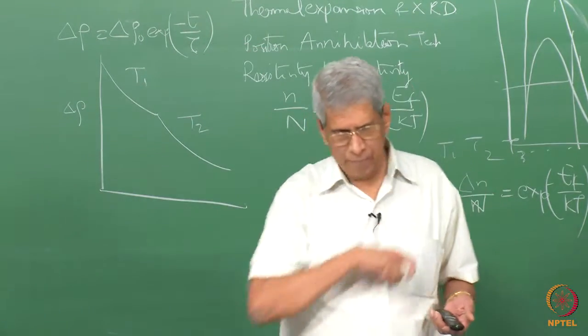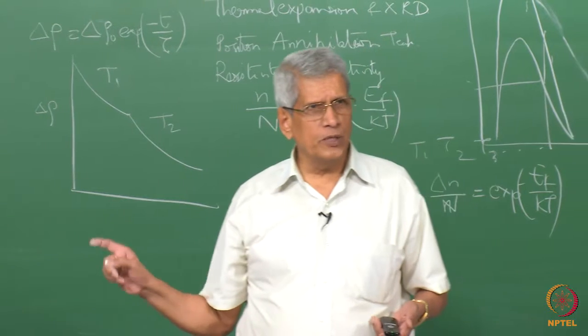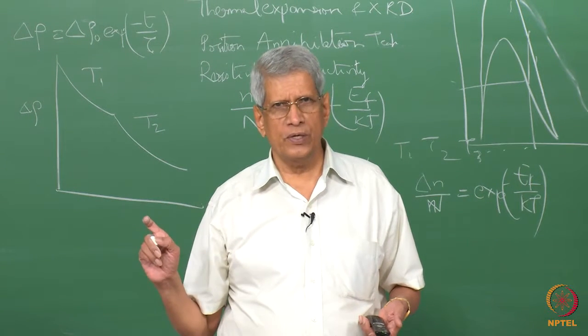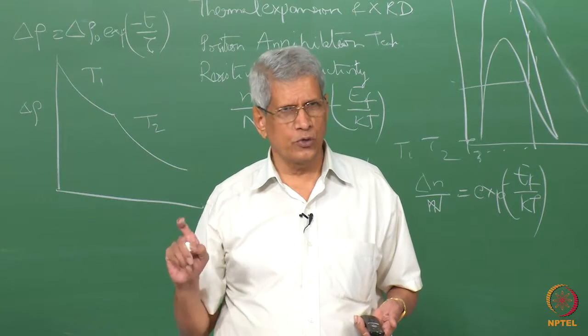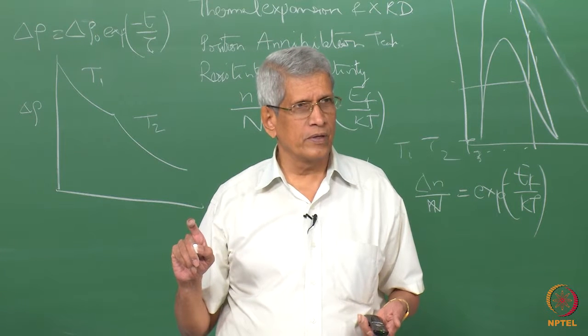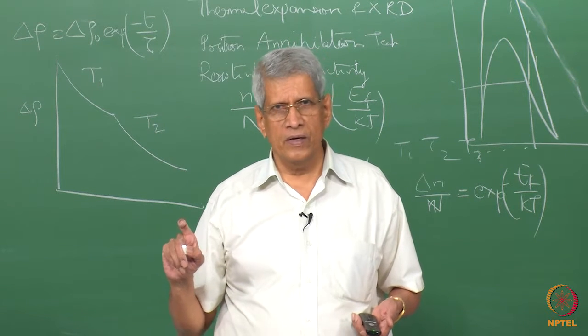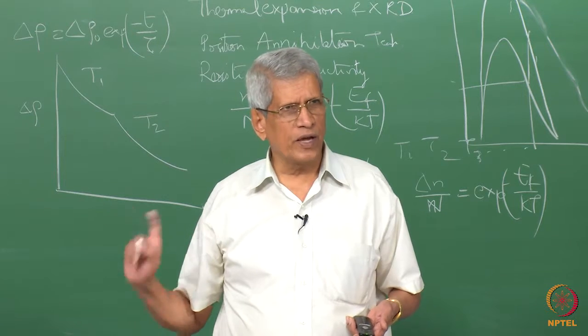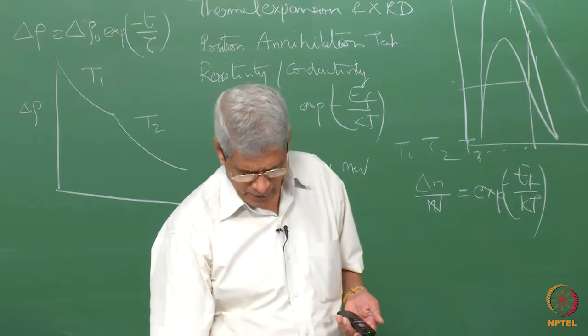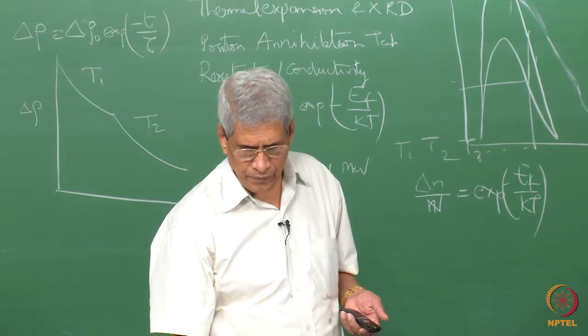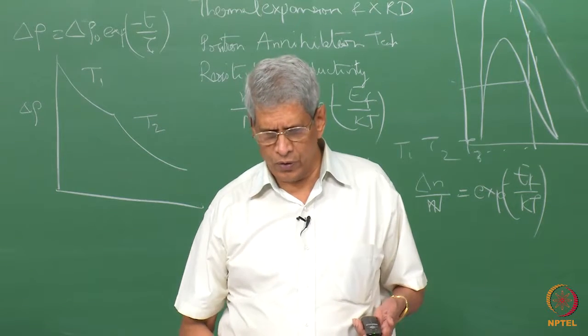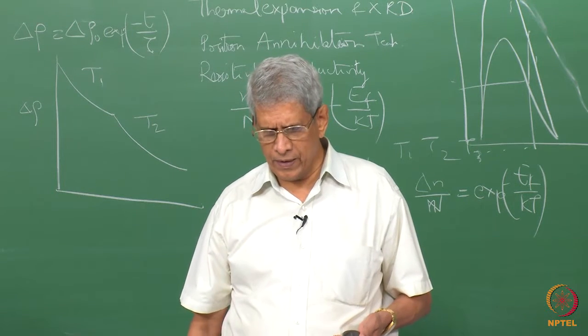From these two plots, we can find out tau 1 and tau 2, correct? From any of these plots we can find the slope. And this tau depends upon what is it?